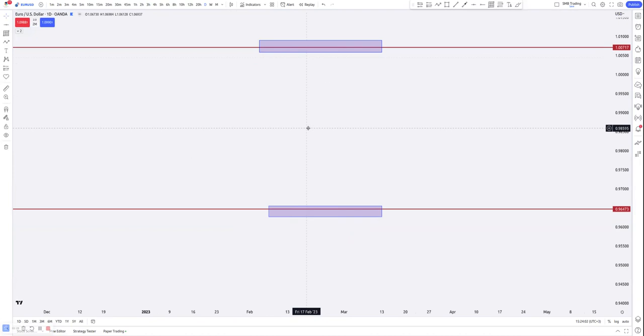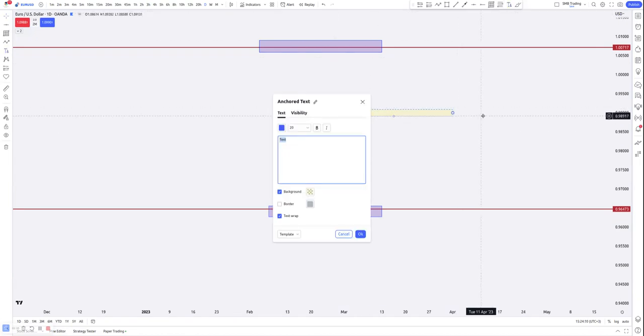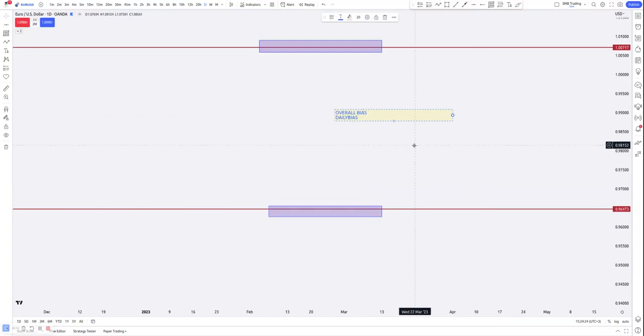And I said that market structure will show you the overall bias and the daily bias. I'll repeat that. So we have the overall bias, and then we have the daily bias. Let me explain.